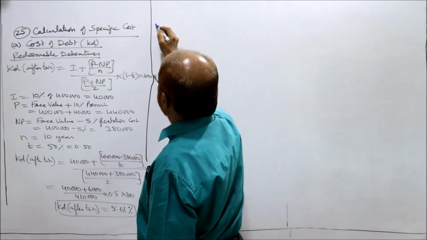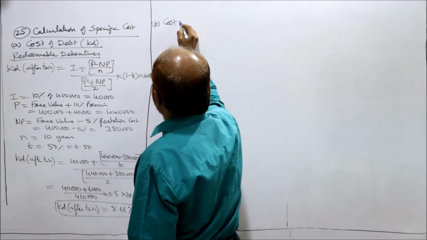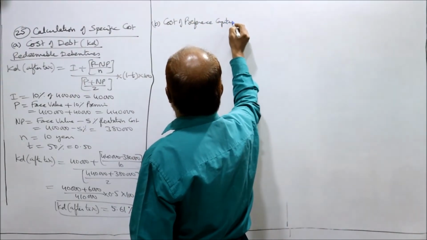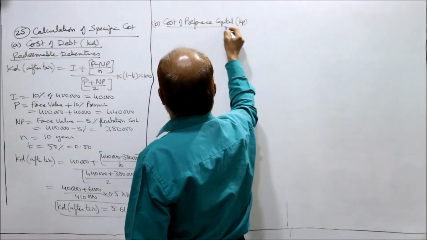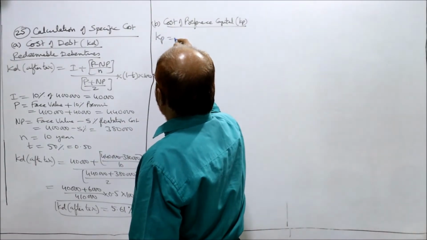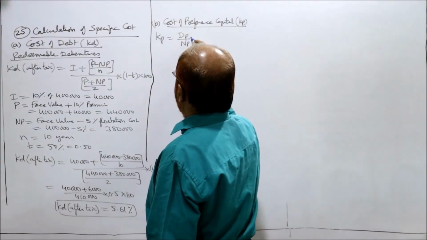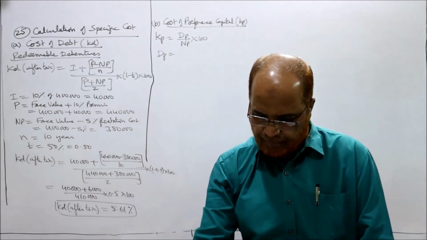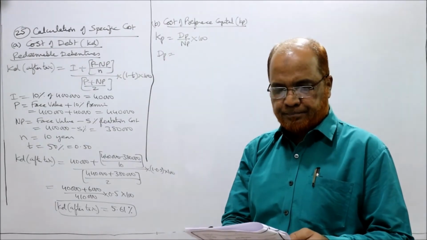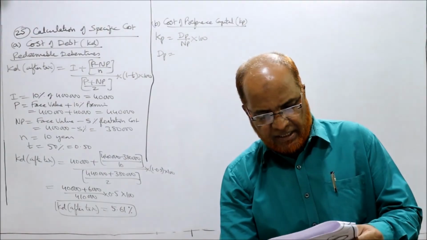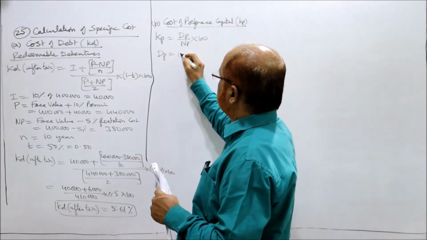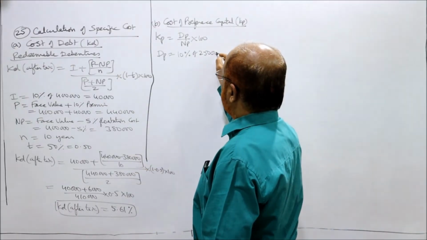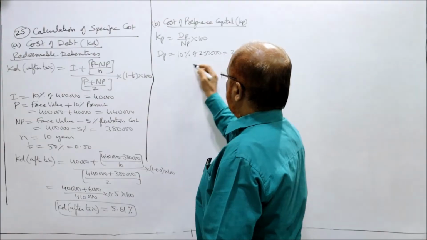This is B point, cost of preference capital. KP is equal to DP by NP into 100. DP, preference dividend, is 10% of preference capital 2,50,000, which is 25,000.